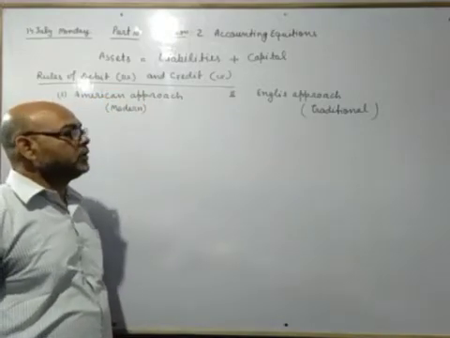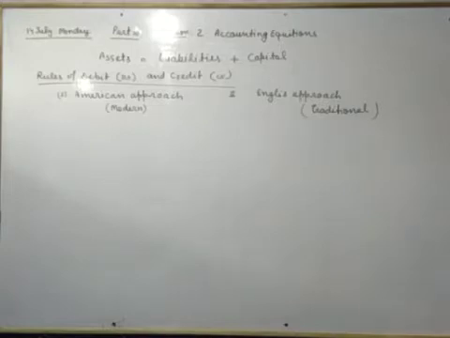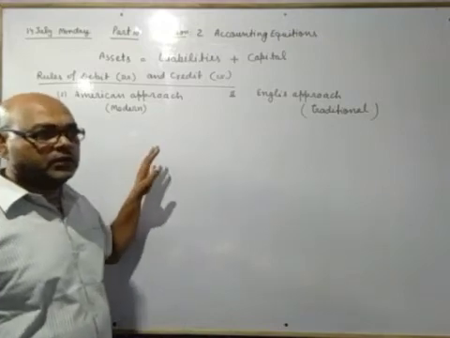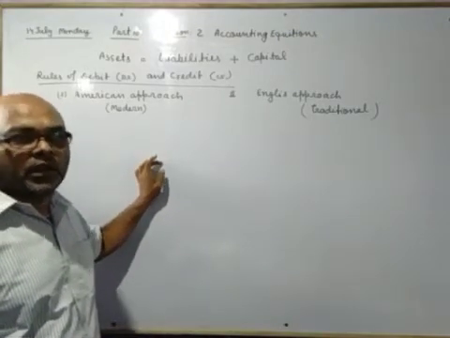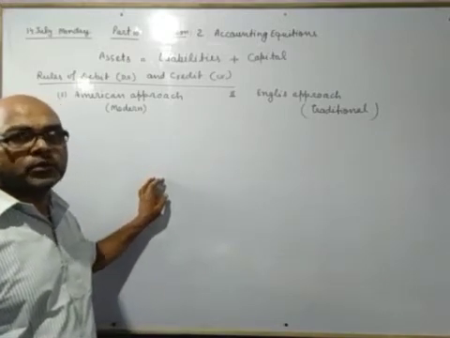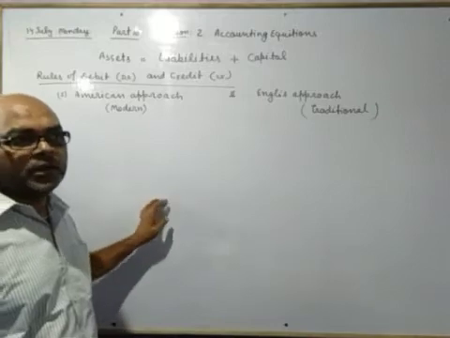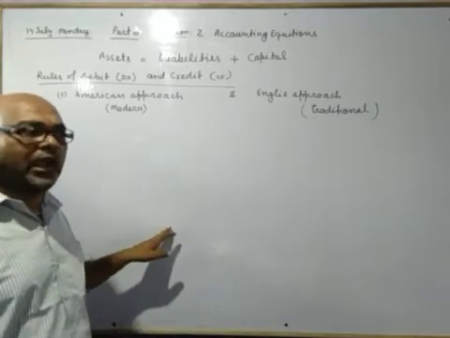Now, this will be the syllabus of your half-yearly examinations. In your half-yearly examination: Lesson 1, Accounting Equation; 2, Journal; 3, Ledger; 4, Final Account; and 5, Final Account with adjustment.